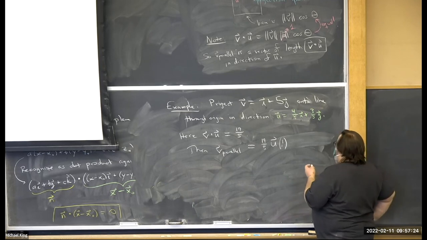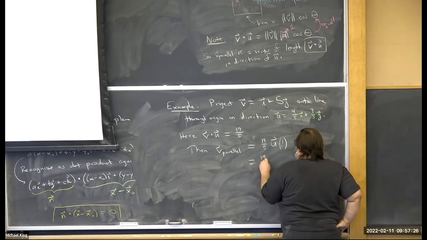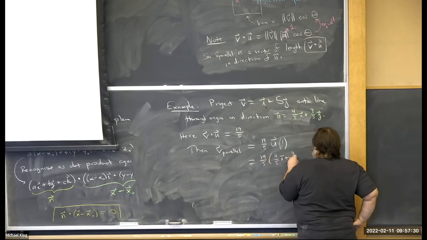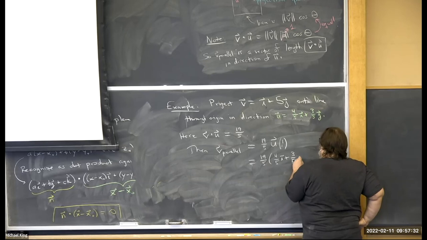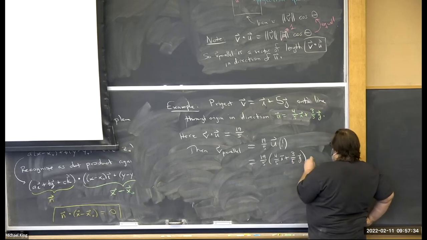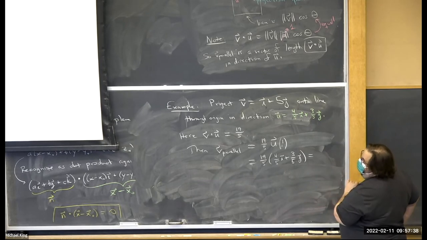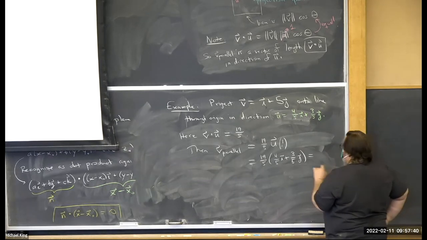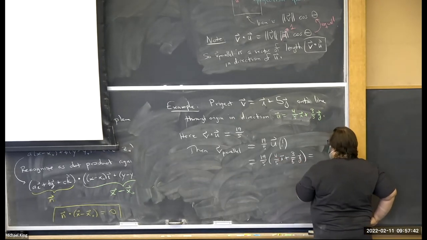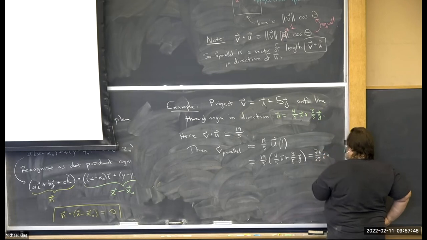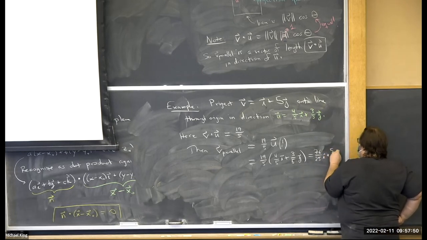And then we could write that down here in this example. It's 19/5 times 4/5 i plus 3/5 j, which is something slightly unpleasant, which is why I should have used the example on the handout, because the numbers work out more nicely. 19 times 4 is 76 over 25 i plus 57 over 25 j.